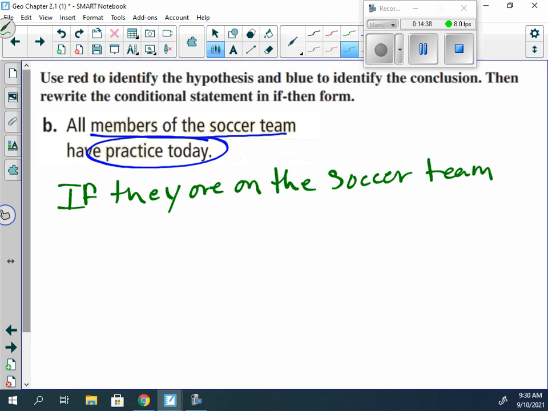Because we're really wanting to clarify who we're talking about. If this statement's true, then they have practice today. So that if statement is really classifying what we are talking about. Because we could say all members of the soccer team, well, they could be on the football team or the other sports. So we want to state it in such a way that we're talking about this individual group. If they are on the soccer team, then they have practice today.